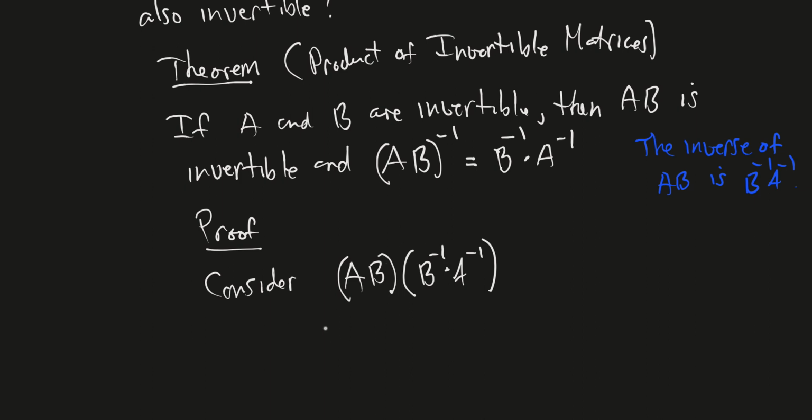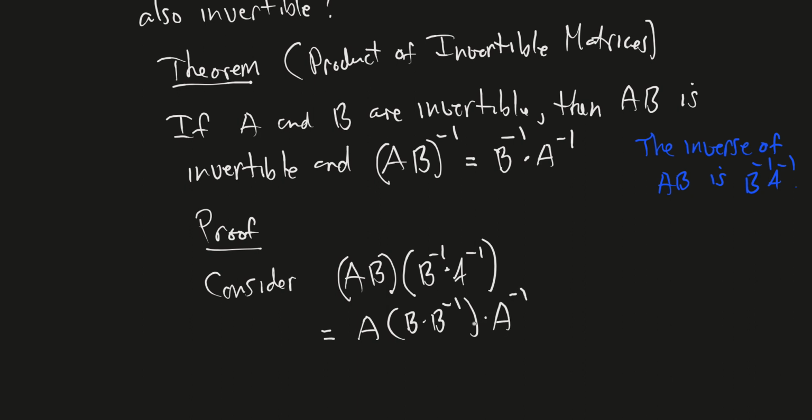Well, how do we simplify this? This is where the associative property of matrix multiplication comes in again. Because as long as I don't change the order, instead of having this pair first or this pair, I can choose to group the middle pair. So this is B times B inverse.